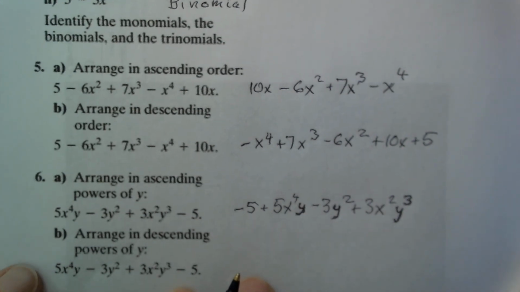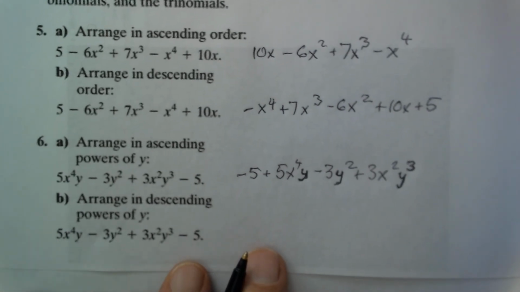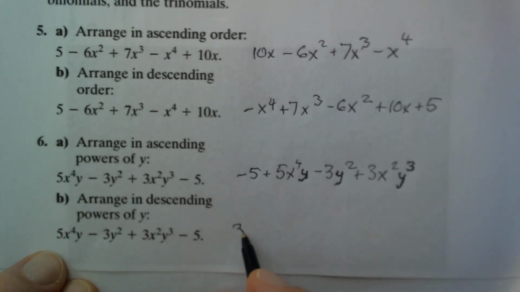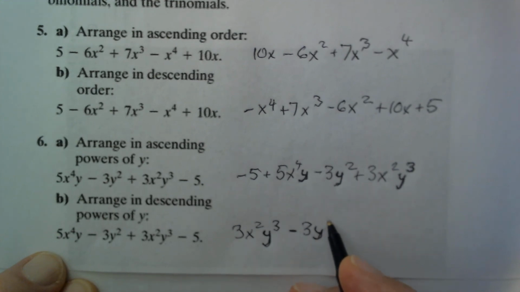And then the last one would be arrange in descending powers of y. So here we're starting with the highest power of y, and that would be y to the third. Again, it's all about the variable y. So it would be this term here, 3x squared y to the third power. And then we're looking for a term with y to the second power, and that's here, minus 3y to the second power.